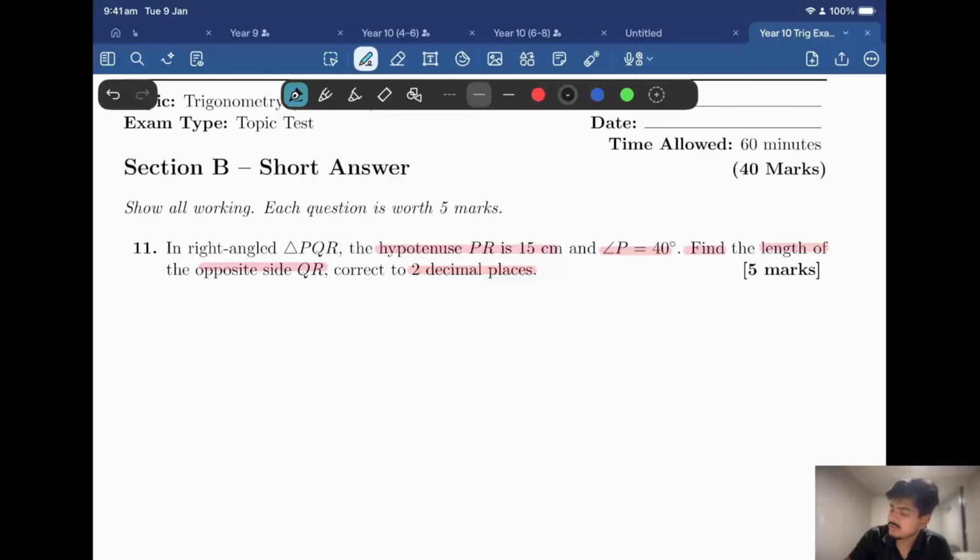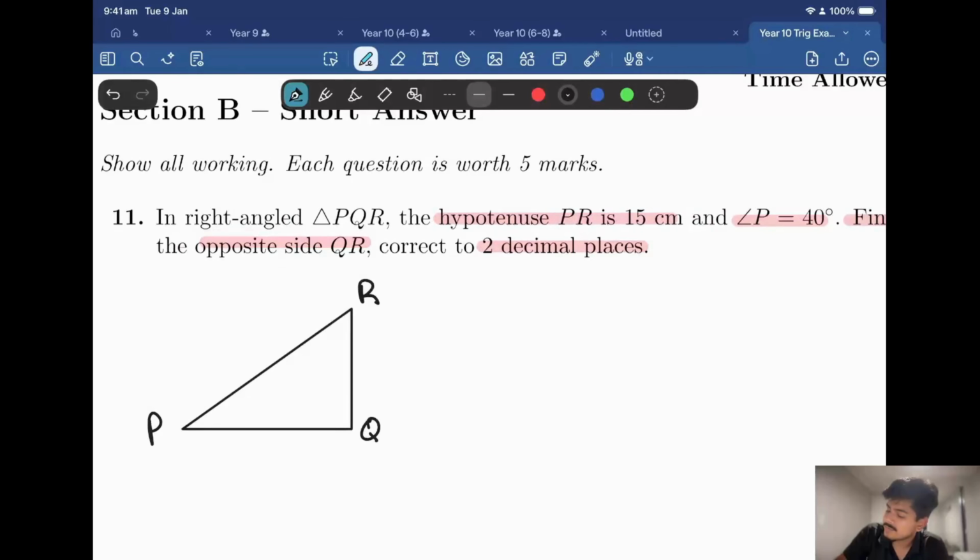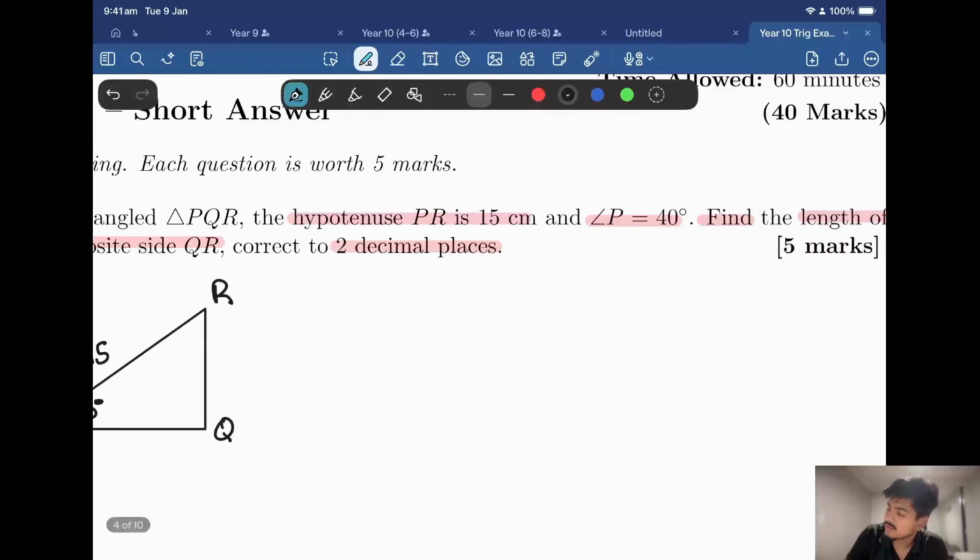So it's a right angle triangle, so let me draw that out first. Okay, hypotenuse is PR, and this is Q, right? So PR is 15 centimeters, angle QP is 40 degrees, okay?